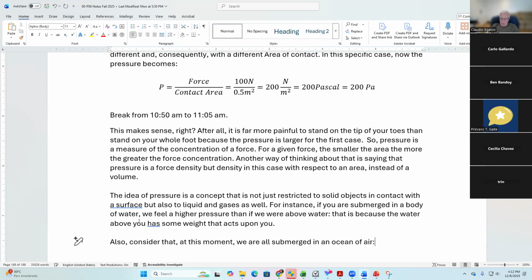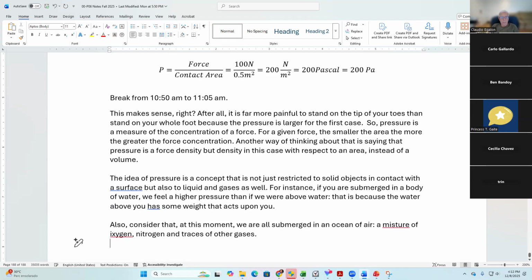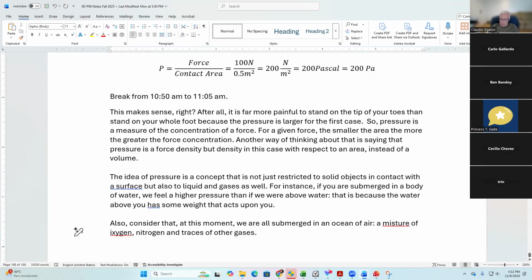And this ocean is a mixture of oxygen, nitrogen, and traces of other gases. Okay?